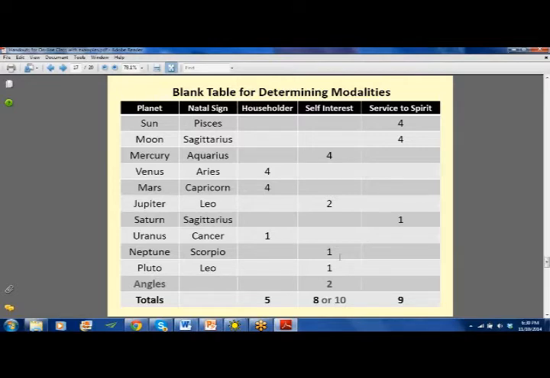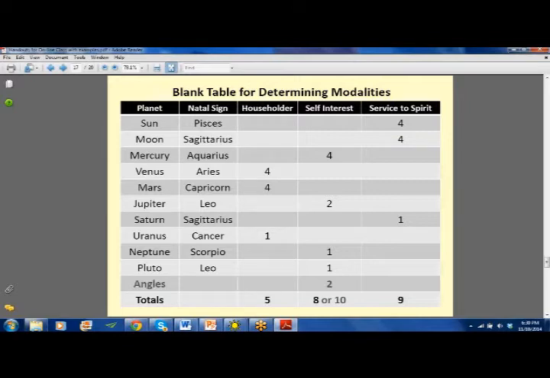So those are all the signs of self-interest. So if you wanted to add points for that, you could do that. If you didn't add the points for that, I have 8 points in self-interest. If you did add a couple of points for the fact that my angles are all in the same sign, same modality, then it would be 10 points.